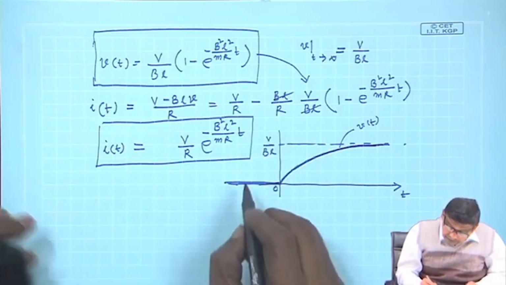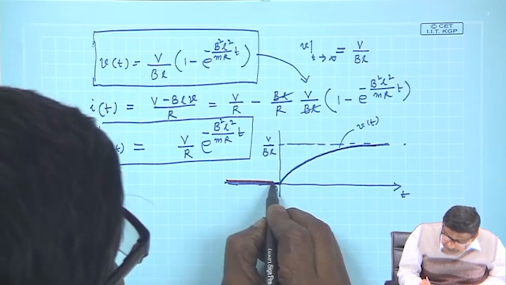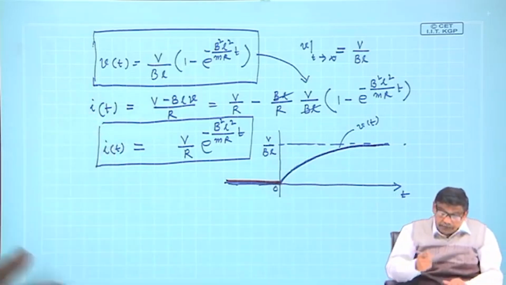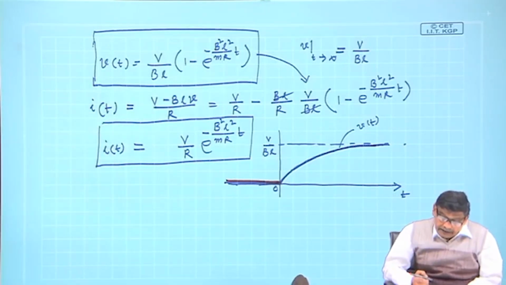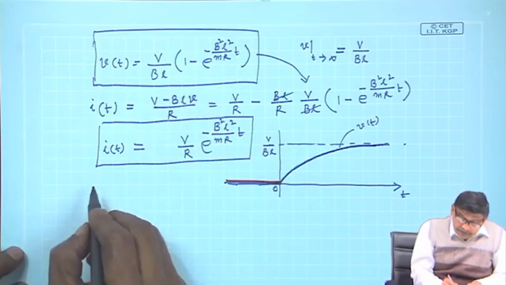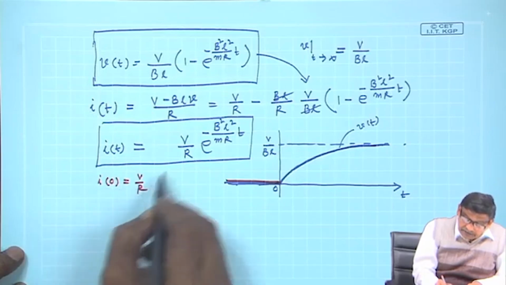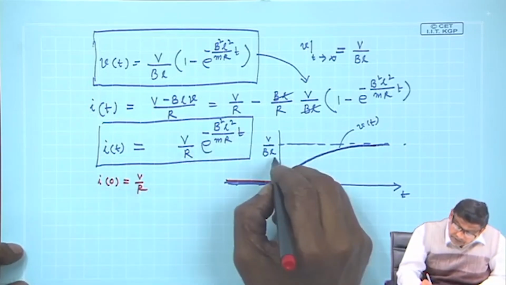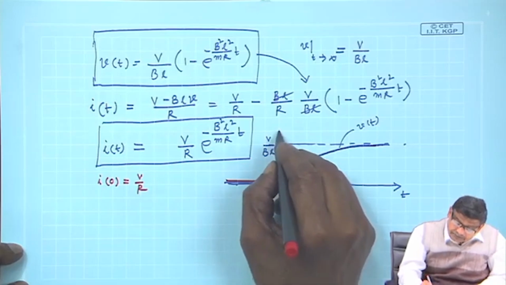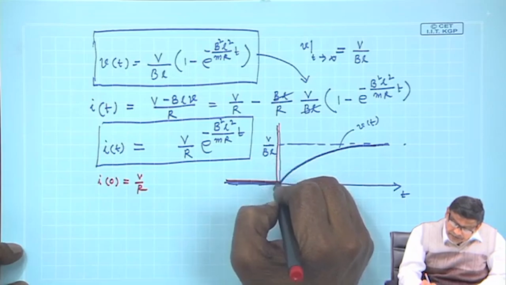What about current? Current was also 0 prior to t less than 0, because the switch was open, and at t equal to 0, current will have a step jump. The value of current I 0 is equal to V by R. Put t equal to 0, and since it is a resistive circuit, current will have a step jump.